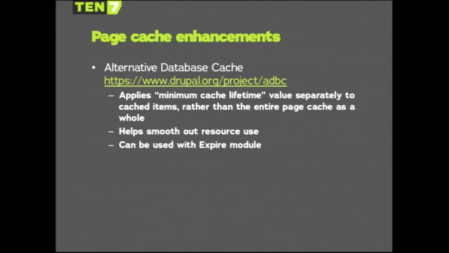The benefit is that it helps smooth out your resource use, so that instead of having those spikes in your database where your entire page cache is wiped out and all of those requests are hitting the database to compile their pages, only the pages that are past their individual cache lifetimes are taken out, so that only parts of your page cache are invalidated at any particular cache clear.